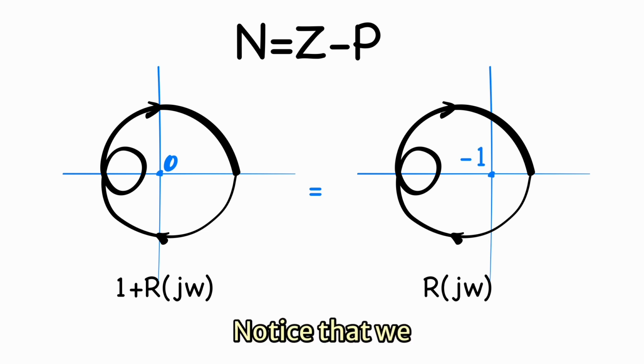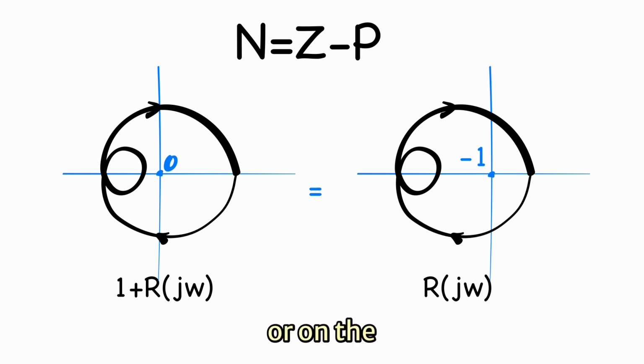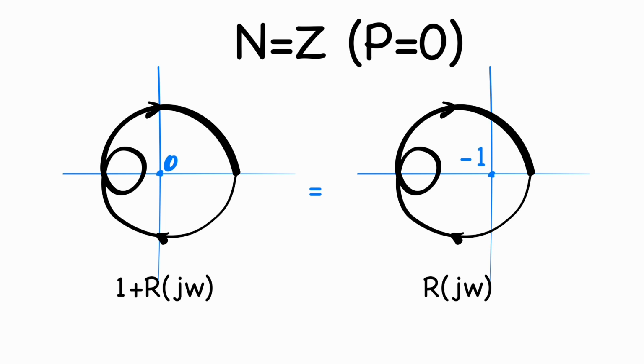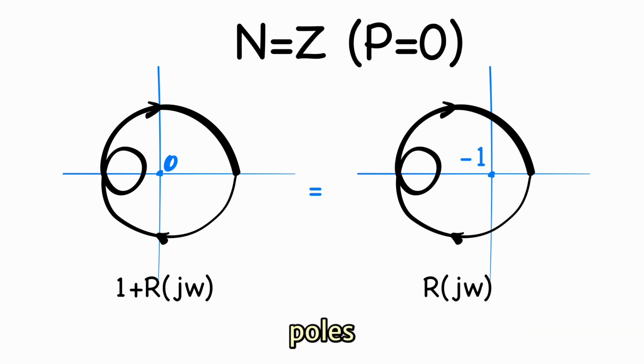Notice that we assume there are no poles of return ratio R in the right-hand plane or on the imaginary axis. 1 plus R won't have right-hand plane poles and P equals 0.